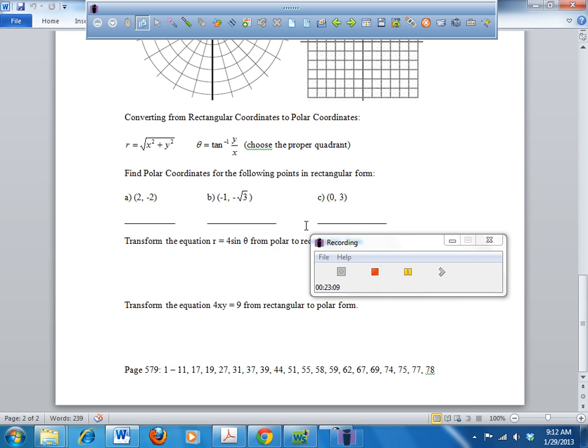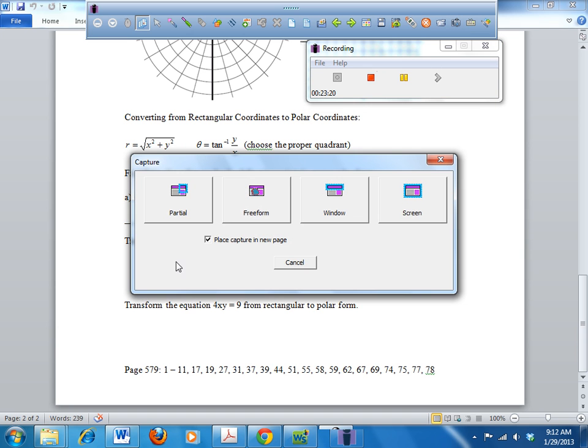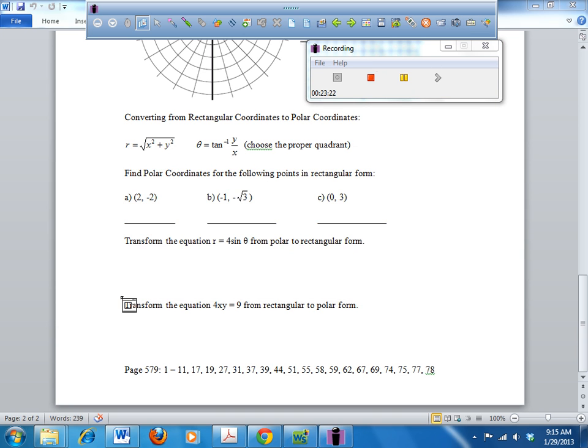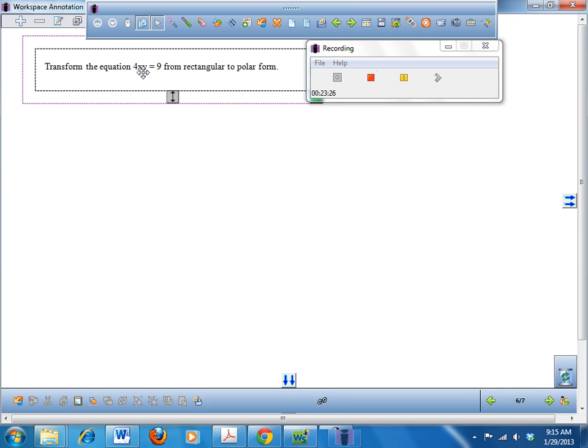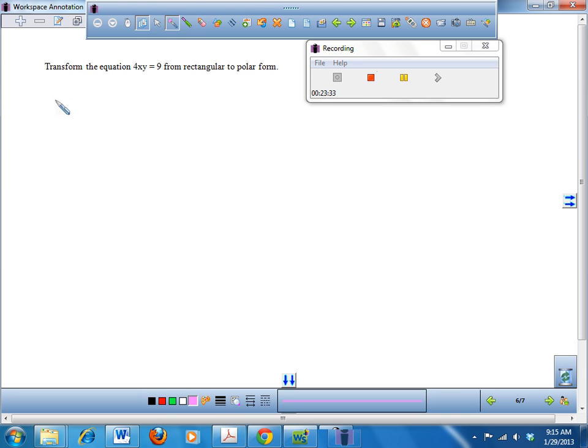All right, last thing. So convert this from rectangular to polar form, and this one doesn't really turn into anything nice. I believe this is a hyperbola. If you graphed it, we're changing this into polar form. So I know that I can write this as 4. What's x equal to?